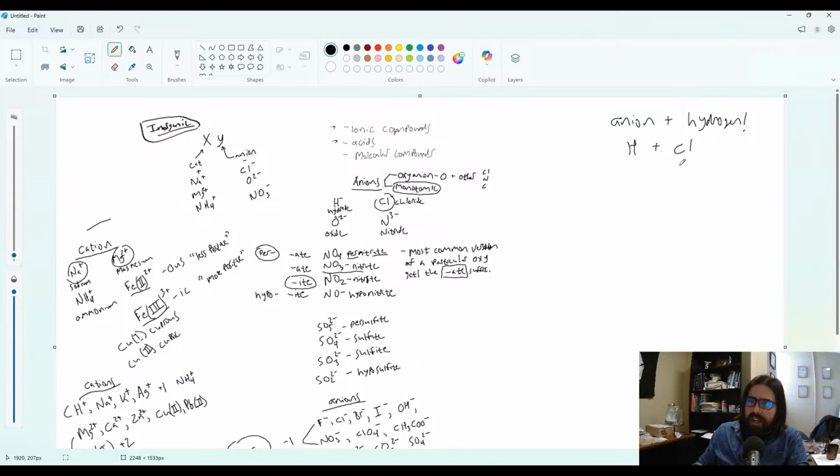If we have sulfate, which has a 2- charge, we have 2 hydrogens along with it. Okay, the rules aren't too bad as long as you can remember the anion at work. Okay, so for the first one, here's the rules. Rule 1.